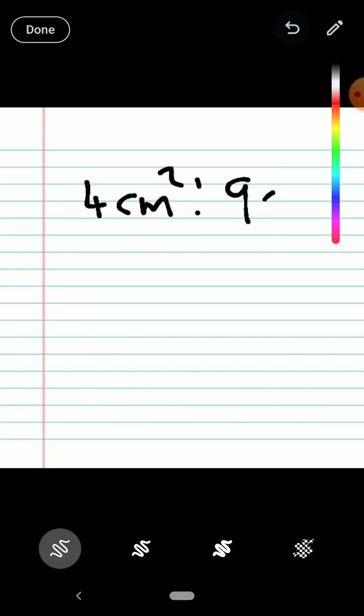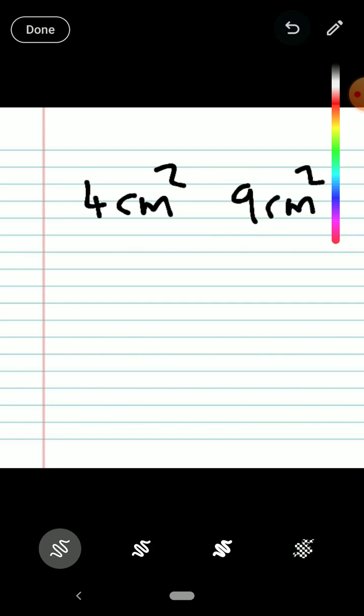And in actual sense, it measures 9 centimeters squared. So when you have been given this, these are the areas. They have just said the land on the map measures 4 centimeters squared as the area. Then its actual area is 9 centimeters squared.